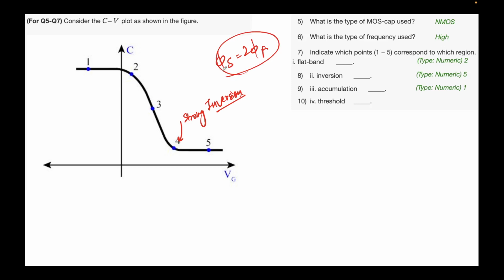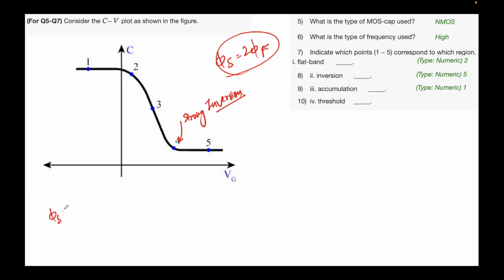Phi s, remember, is the surface potential, and phi f is the difference between the intrinsic Fermi level in the bulk and the Fermi level in the bulk. Let me just write this formally.